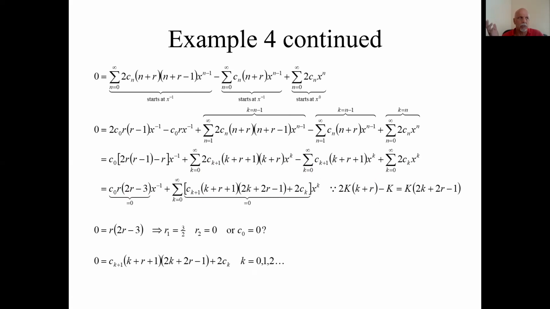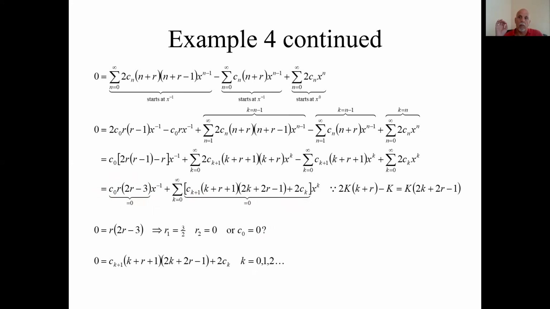At this point, we employ the identity property again. Every coefficient of every power of x must be 0 for the whole sum to be 0. So this term must be 0, and what's in brackets here must be 0 for every k from 0 and up. For this term to be 0, I could say c sub 0 equals 0.